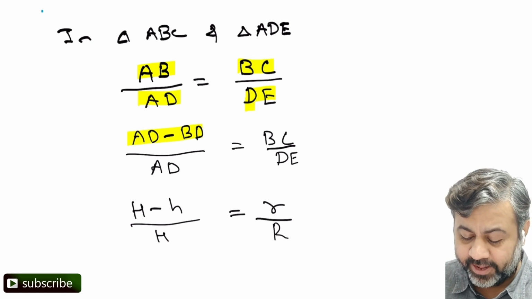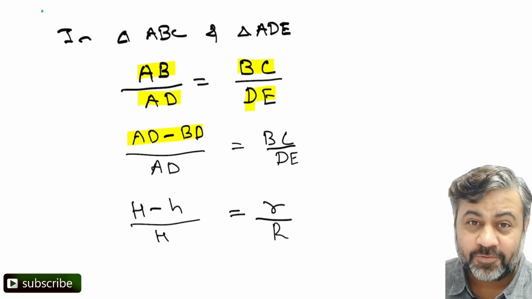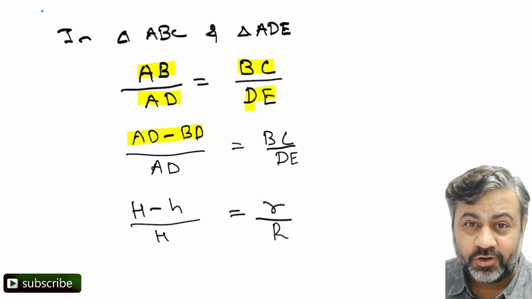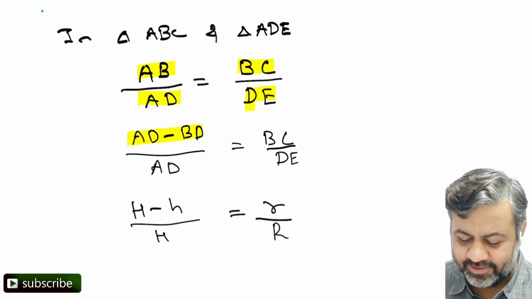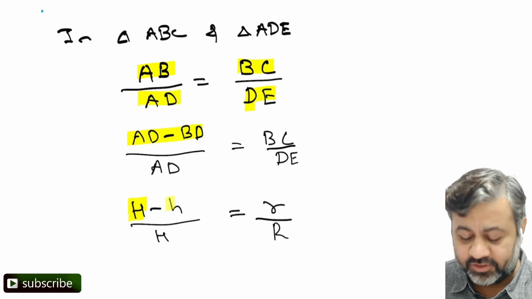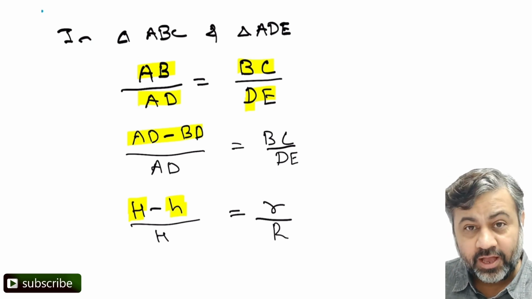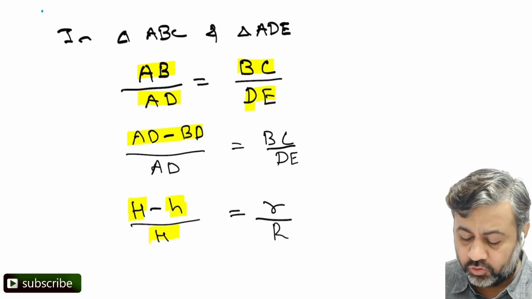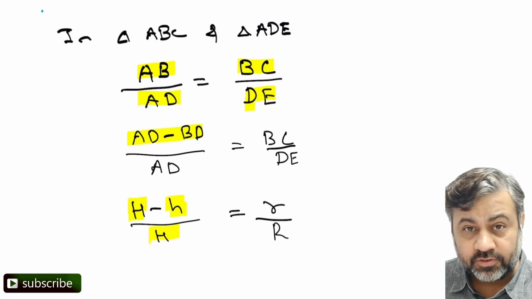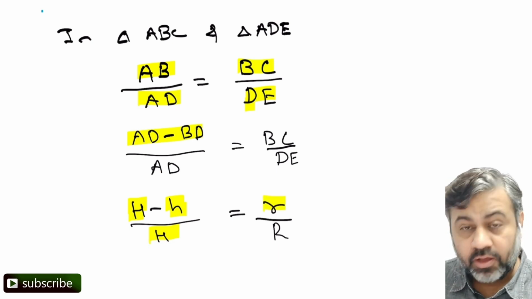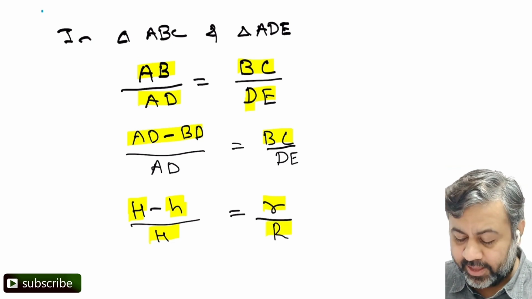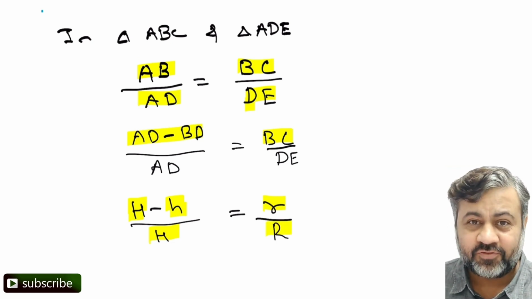AB is nothing but AD minus BD, that is, the height of the cone minus the height of the cylinder. Height of the cone we have taken as capital H, height of the cylinder as small h, upon the height of the cone. This is equal to small r here, which is the base, the radius of the cylinder, upon capital R, which I have taken as the radius of the cone.